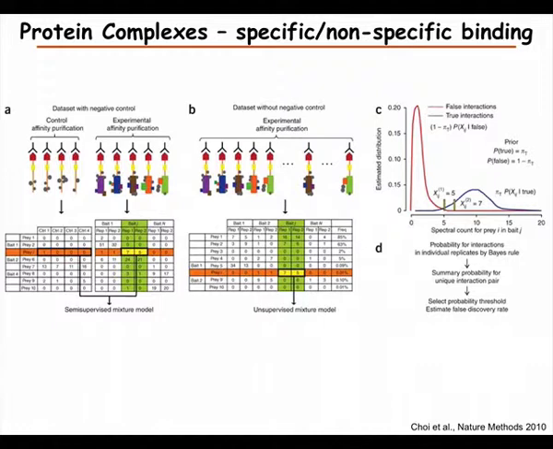In SAINT you can either have a negative control, or you can do it without a negative control. The modeling here is based on the same way as what was developed for identification earlier. So the idea is that there is a distribution of false interactors and a distribution of true interactors, and you set a threshold.